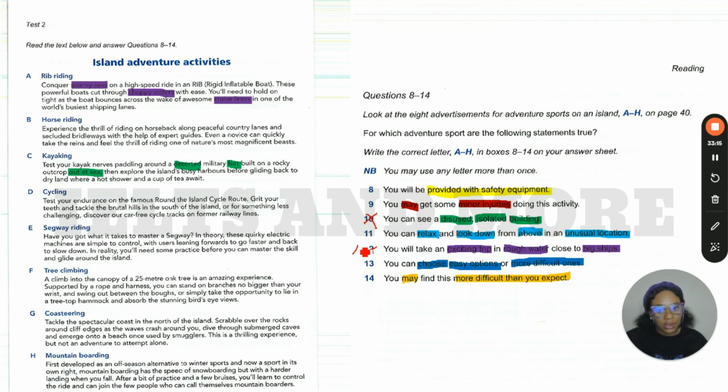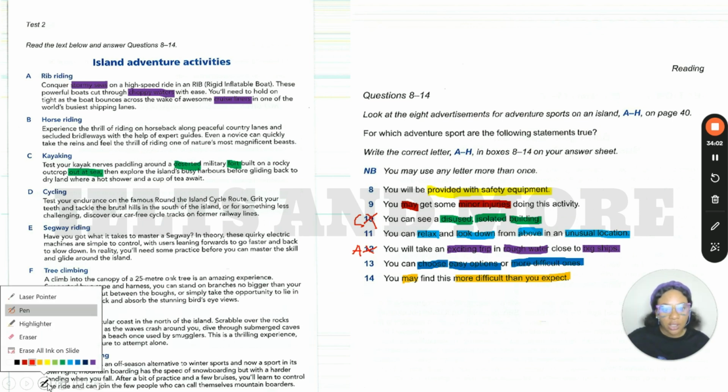Okay? I really hope you're following. Let me try to do this thing. It's really shaky, but I think just to make it all clear, number 12 is A, and number 10 is C. Remember to always try to check if there's any other option that is from the same paragraph, but there is none. Okay, so we move on to paragraph D, which is cycling.